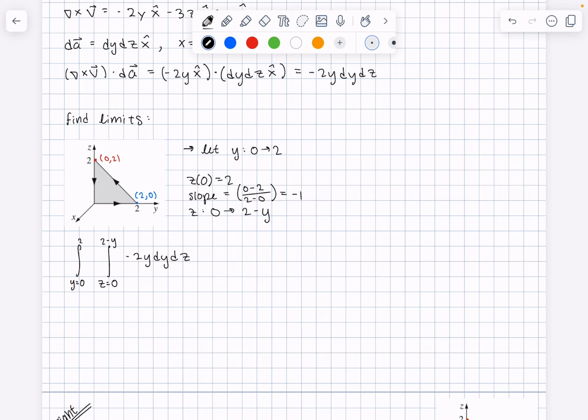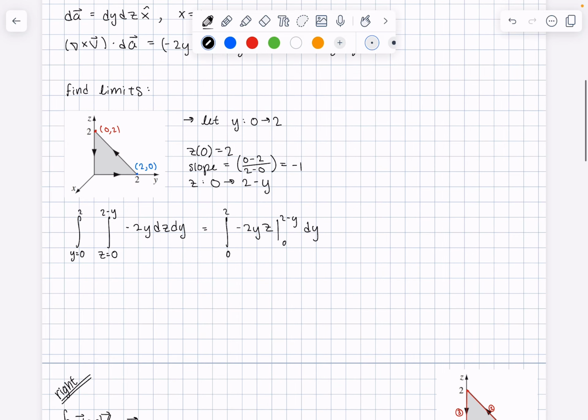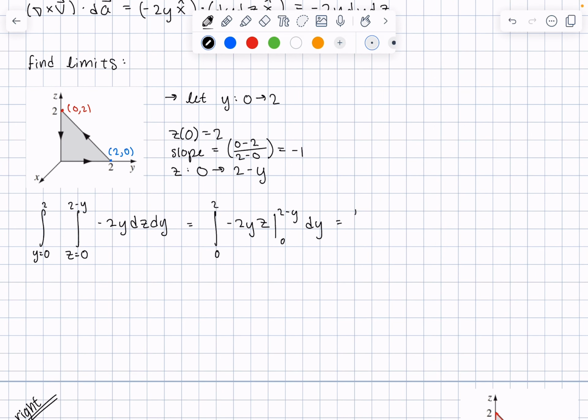And this isn't too hard. This will just become integral from 0 to 2, y from 0 to 2, and then z is just going to be negative 2y z from 0 to 2 minus y, and we'll be now doing dy. Also, I had a mistake here. It should be dz dy. And then that's going to go to this, which will be negative 2y, and then we'll have 2 minus y.